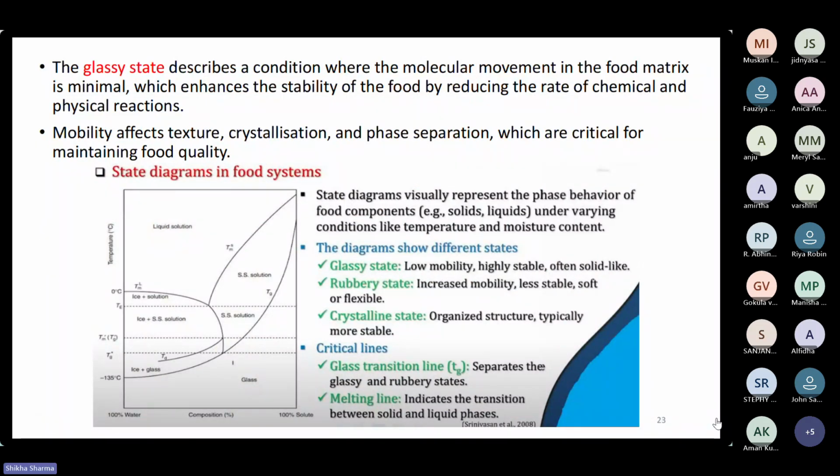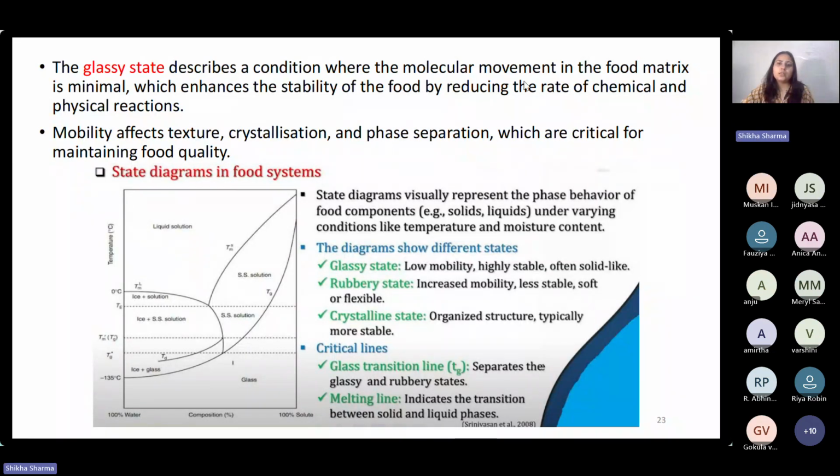Now the glassy state. The glassy state is a condition where the molecular movement in the food matrix is minimal. If we see in this diagram, the glassy state is the one where there is low mobility, and because of the low mobility, higher stability is there.